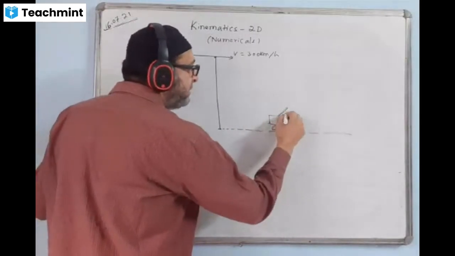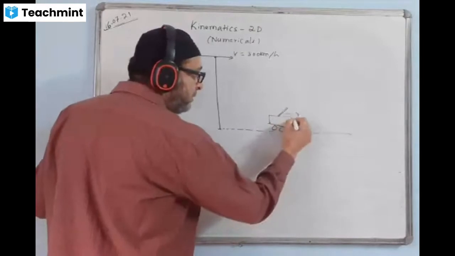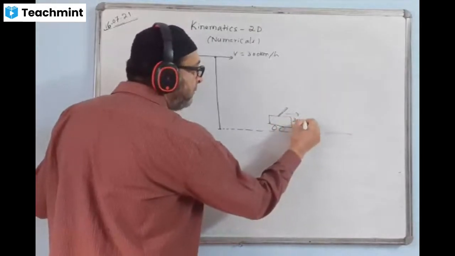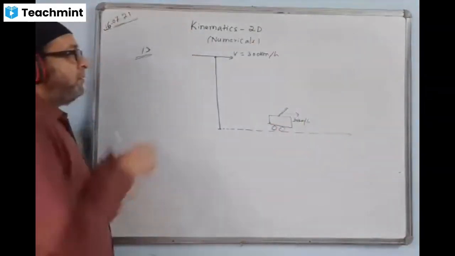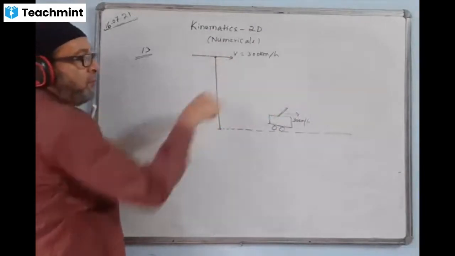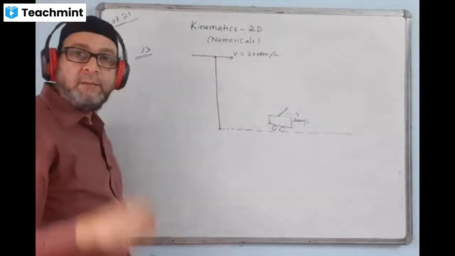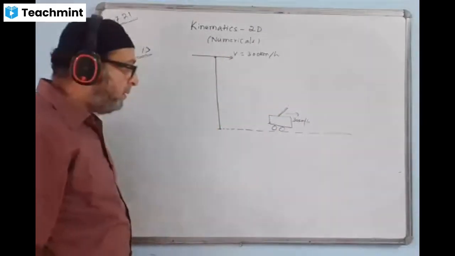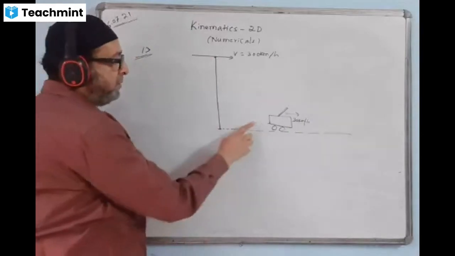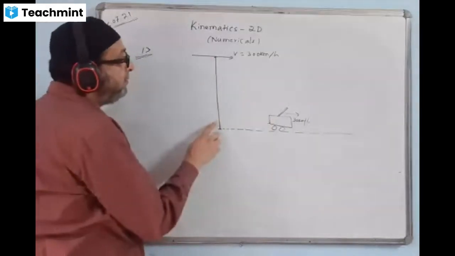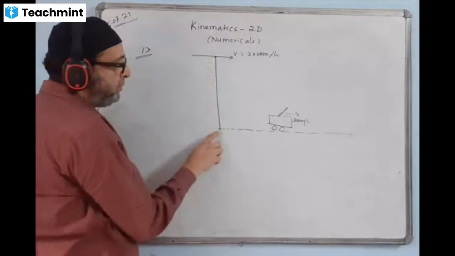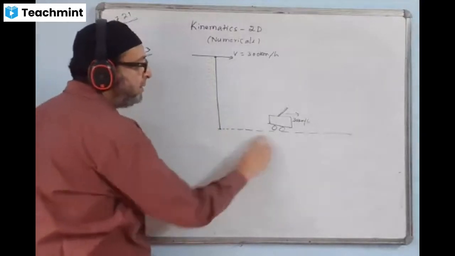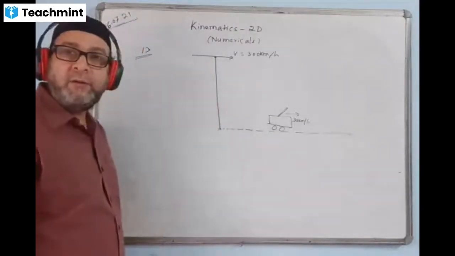It is moving in the same direction with the velocity how much? 30 kilometers per hour. So you have to find this distance between the tank and the pilot's position here. From here till how much is the distance you have to find out.